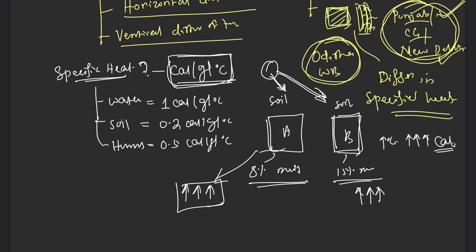That means with the same amount of heat energy received, soil A will warm up faster than soil B, because soil B will trap more energy. Soil B will require more energy to increase its temperature to reach the level of soil A. Are we clear?